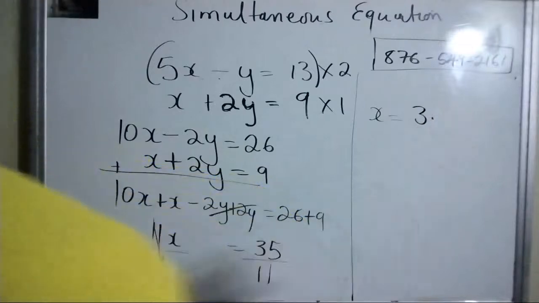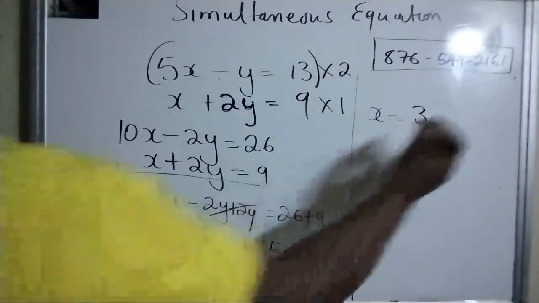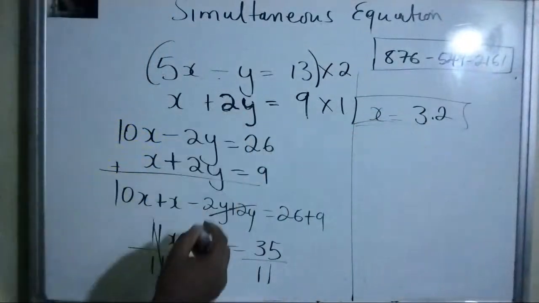Let me see. Well, guys, I'm just putting this in my calculator. That's 3.2. Alright, so x equals 3.2, and then we substitute.